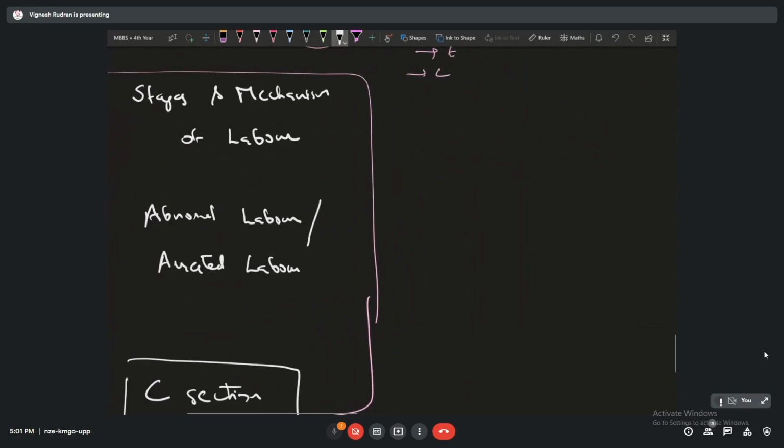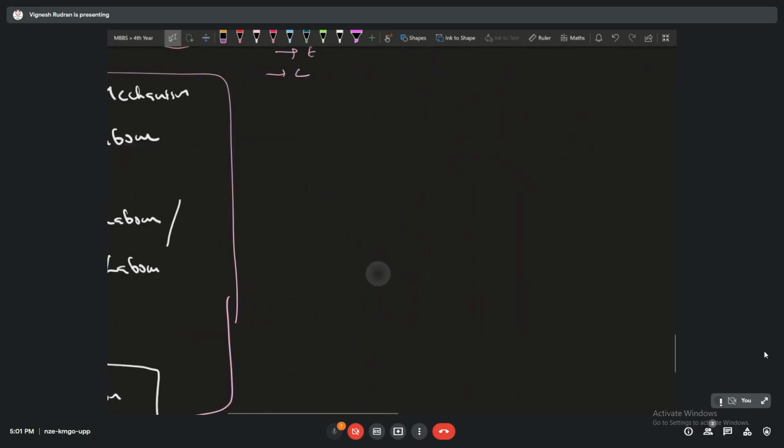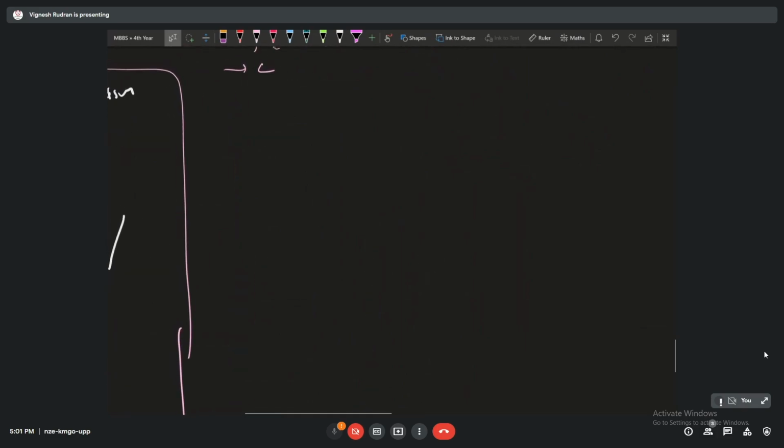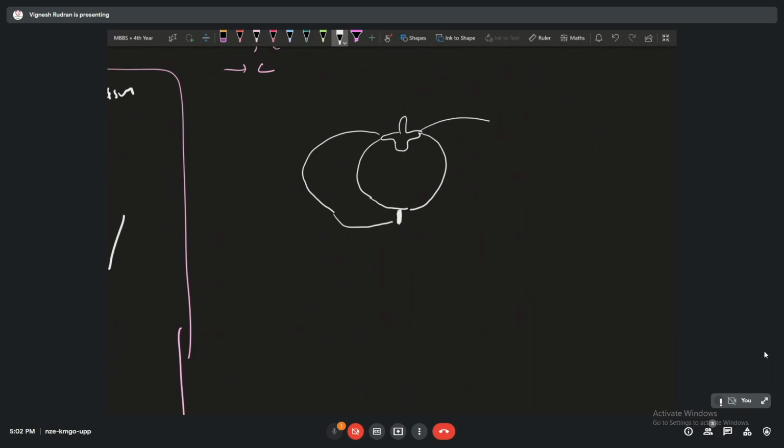Before going to the stages of labor and mechanism of labor, you need to know how to draw the pelvis. So this is your sacral vertebra and your lumbar vertebra, and this is your pelvic inlet, and then pubic symphysis, ilium, ischium.